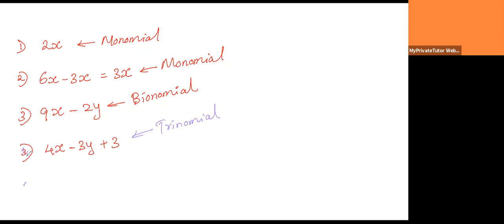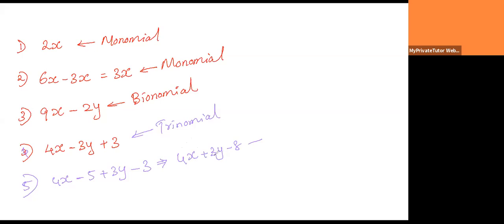So what about the next one? 4x minus 5 plus 3y minus 3. Is it a polynomial, rather a quadrinomial you can call it? No, it is not a quadrinomial. It is just a trinomial.